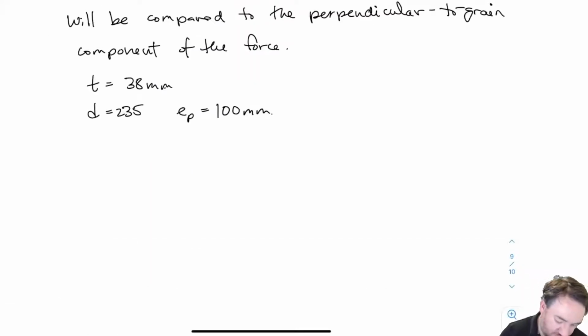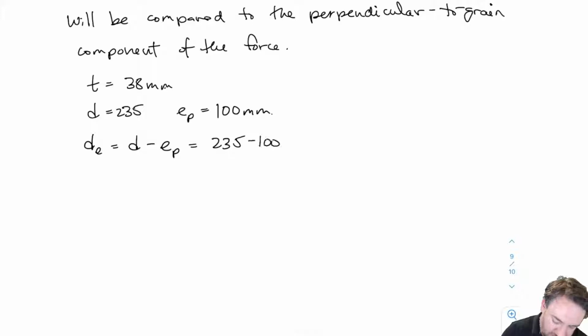Therefore our effective depth, DE, for this equation is D minus EP, which is 235 minus 100. It's basically the distance from the farthest bolt to the loaded edge. And here we get 135 millimeters for our effective depth. We have a phi factor of 0.7 for this brittle failure mode.